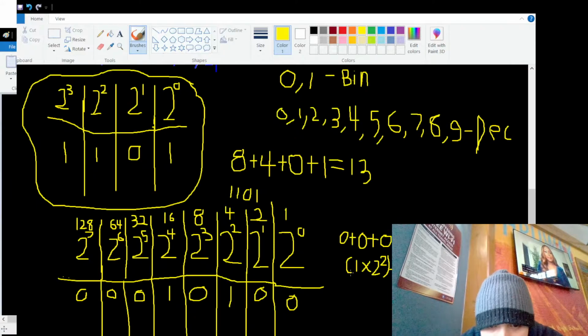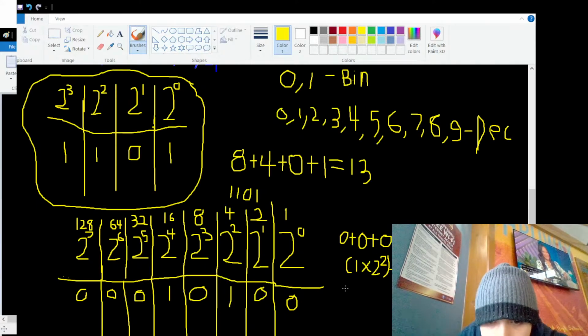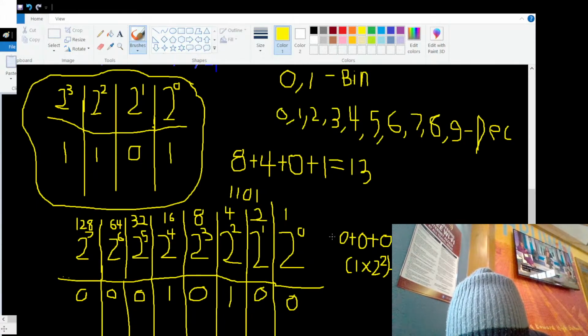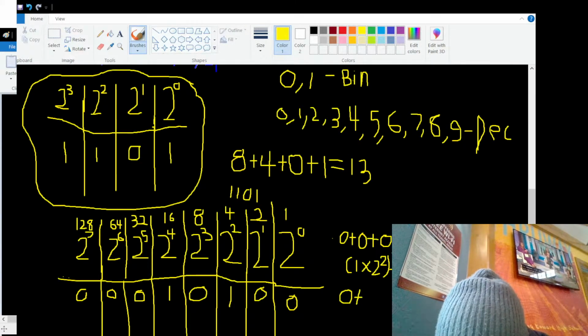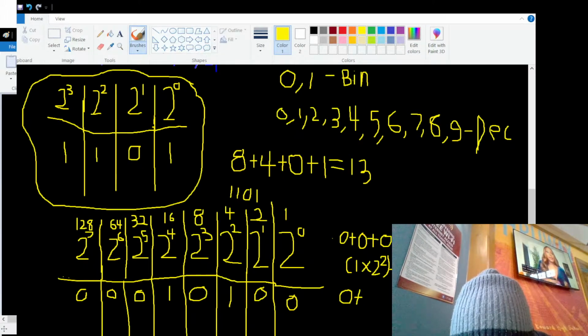All right, so let's just add it up. 0 plus 0 plus 0, right? Let's just try to simplify it. So all this would just be 0. 1 times 2 to the 4th.